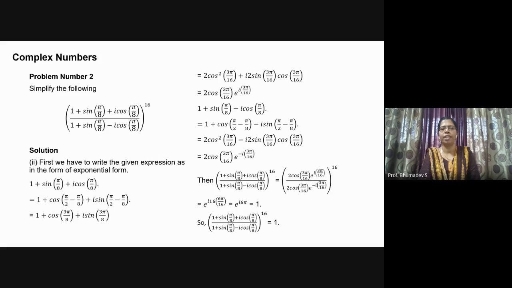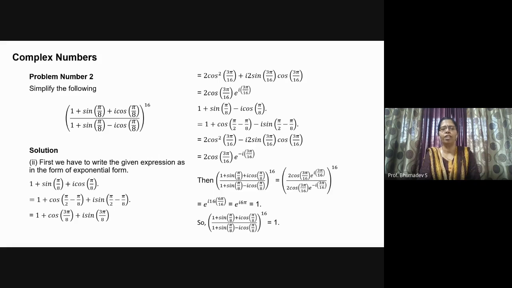Taking 2 cos 3 pi by 16 as a common term, the remaining term can be written as e to the power of i 3 pi by 16. In the same way, the denominator, 1 plus sine pi by 8 minus i cos pi by 8, can be written as twice cos 3 pi by 16 into e to the power of minus i 3 pi by 16.